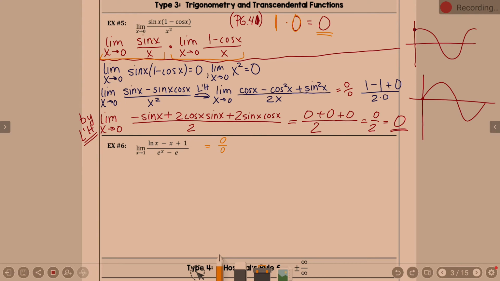So 0 minus 1 plus 1, gone. e to the first minus e, well, that's e minus e, which is 0. So the limit as x approaches 1 of natural log x minus x plus 1 equals 0, and the limit as x approaches 1 of e to the x minus e is 0.